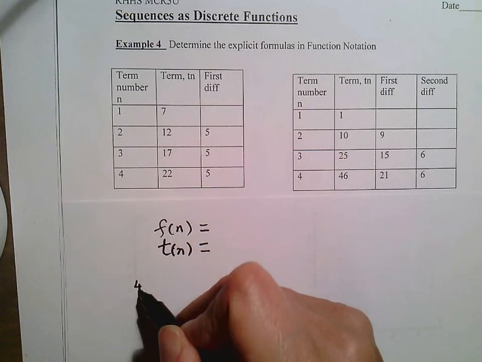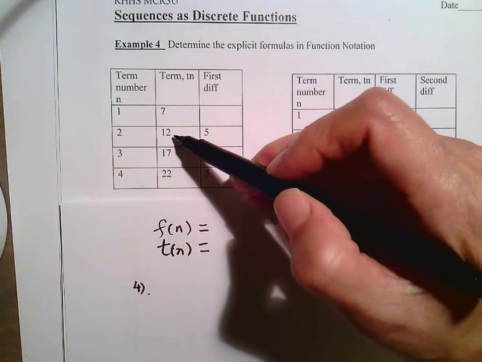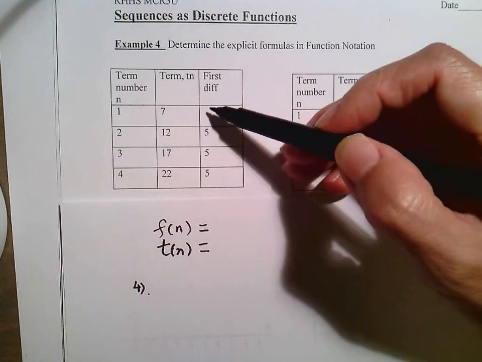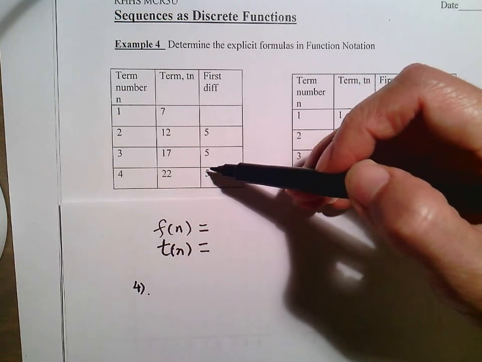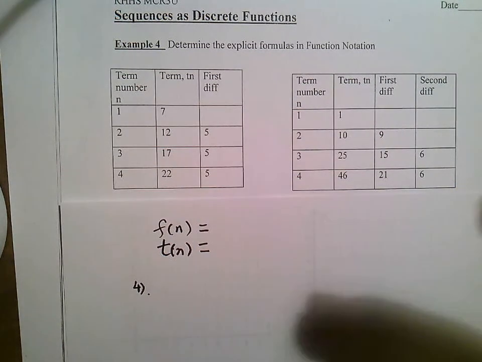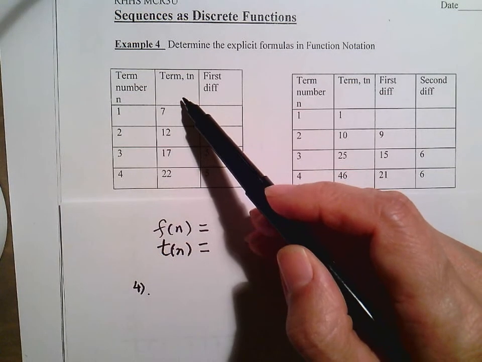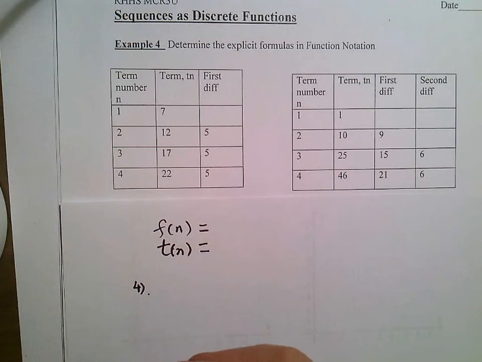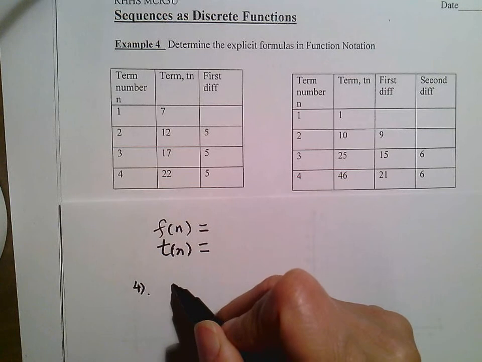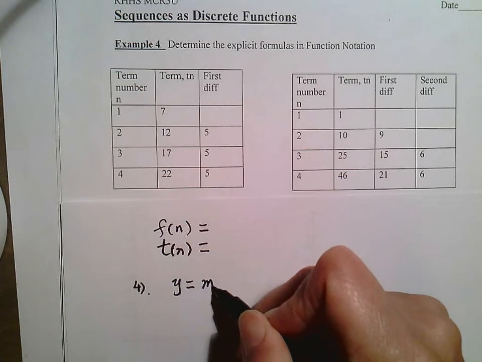So let's look at example 4. The term number is 1, 2, 3, 4. The first term is 7, the second term is 12, third term is 17, fourth term is 22. The first difference, you can see that is 5. So we all know when the first difference is constant, it is a linear relation between the term number and the term, right? So any linear relation can be expressed as y equals mx plus b, right?